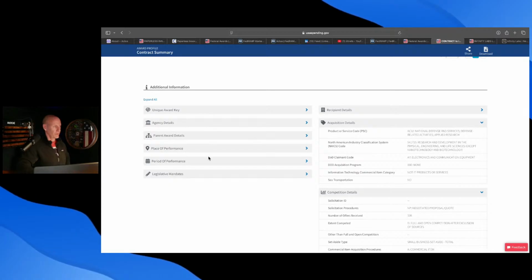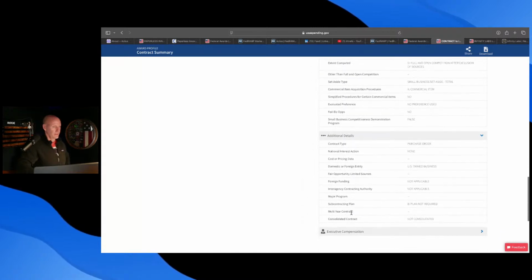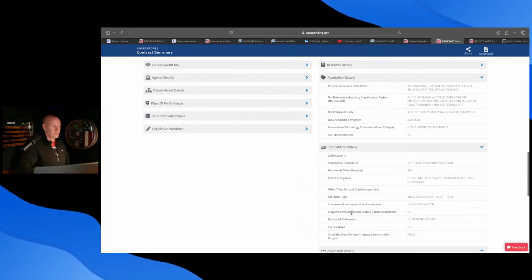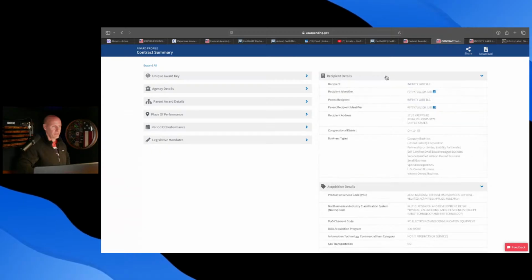What am I looking for right now? I'm looking for more information on this so I can see exactly what it is. National Defense R&D, so it's giving me some of the codes. Here's the business again.